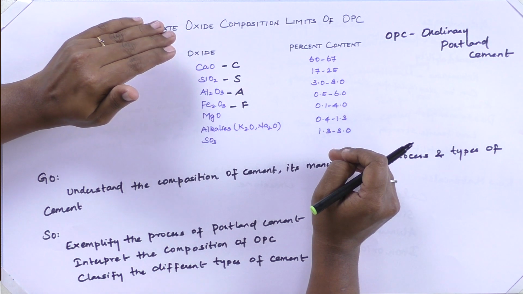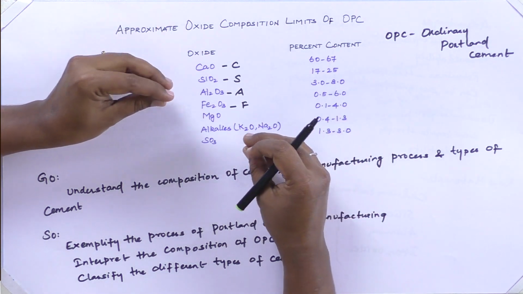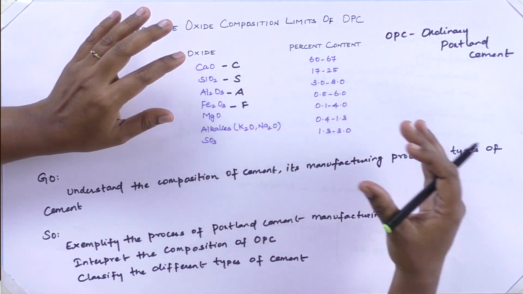And now we are going to see how these oxides are combined to form the end product, cement. During the manufacturing process, the individual oxide elements are combined to form compounds, and the compounds play a major role when cement is used in structures.